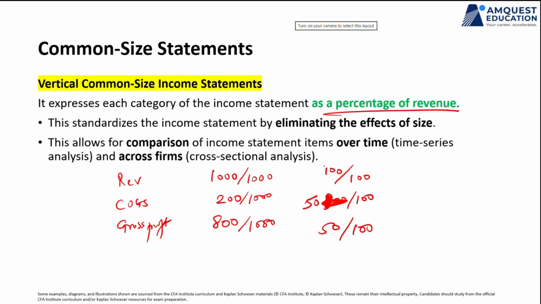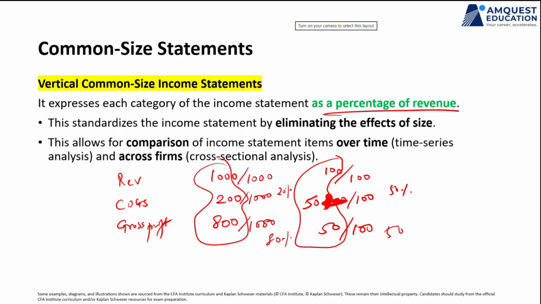Now by looking at these numbers, you can say one firm is small, the other is large. But by looking at percentages, you can simply say this company has 20% cost, this company has 50% cost. 80% profit, 50% profit. So there is no size impact. We are eliminating the effect of size.